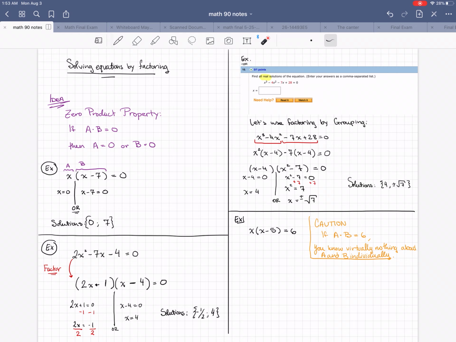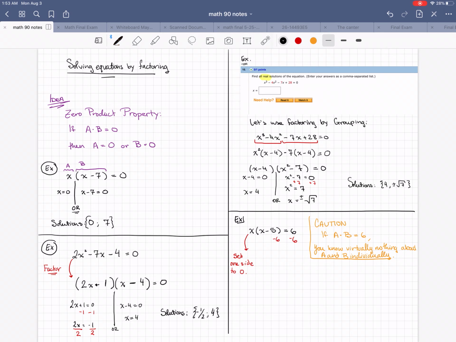So what happens when you have this? Well, you need to start by setting one side to 0. I'm saying one side because it's not always going to be the right-hand side. But of course here it's easier to just subtract 6 from both sides and set that side to 0. So I'm going to subtract 6 from both sides.